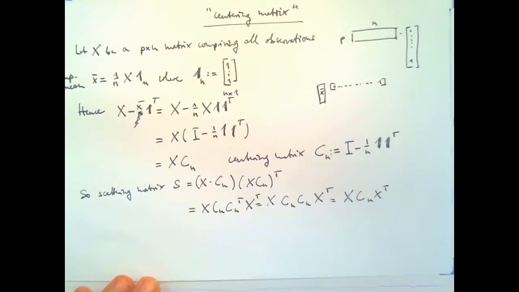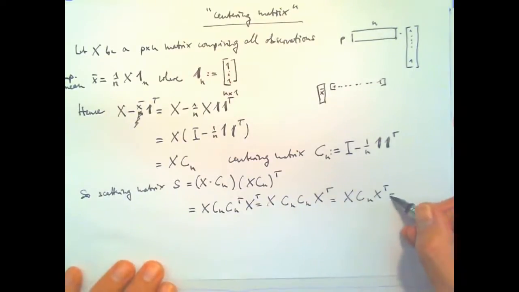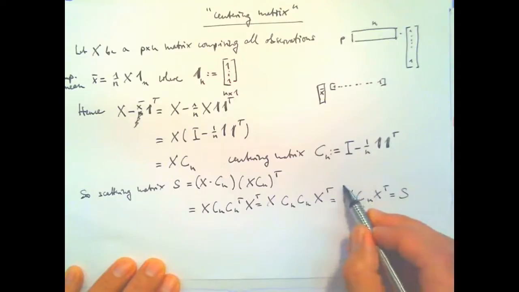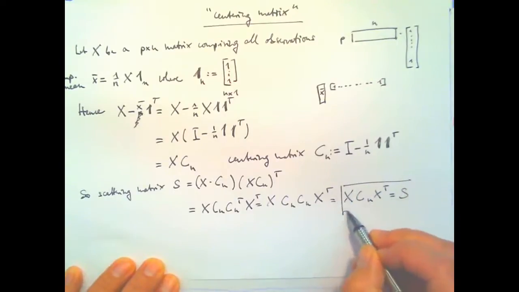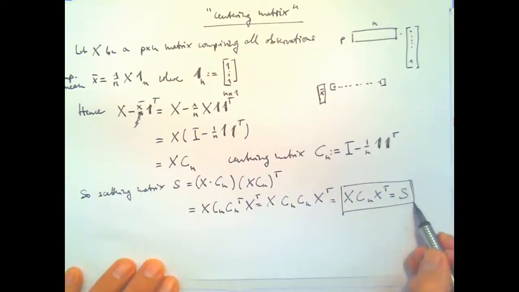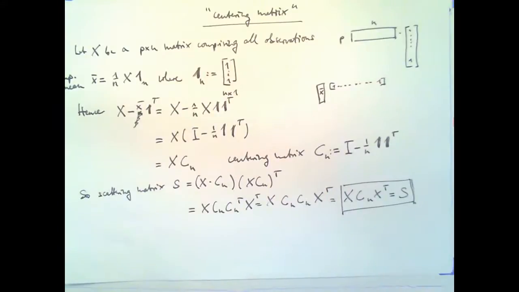Overall, this is a way to compute the scattering matrix, and you see that it makes for a nice compact formulation. And this is why the scattering matrix is quite popular, because it allows us to write compact expressions.